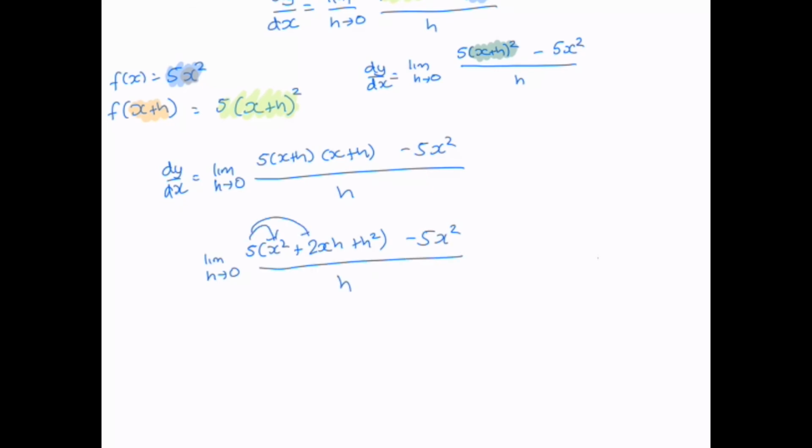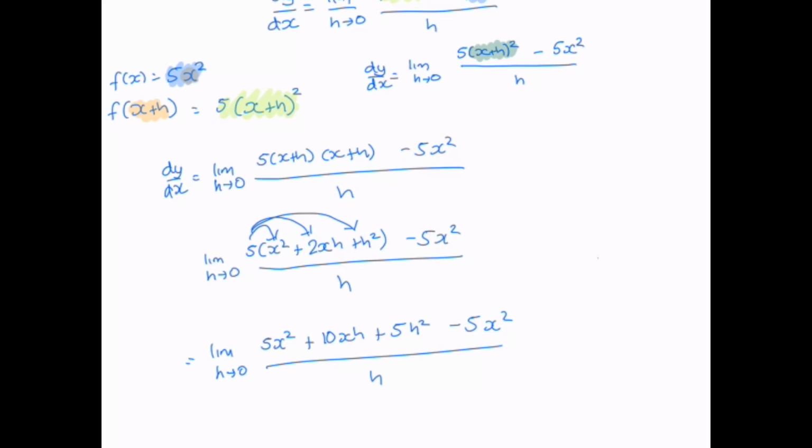Now we can multiply all this by 5. So our derivative as h approaches 0 is given by 5x squared plus 10xh plus 5h squared minus 5x squared, all over h.